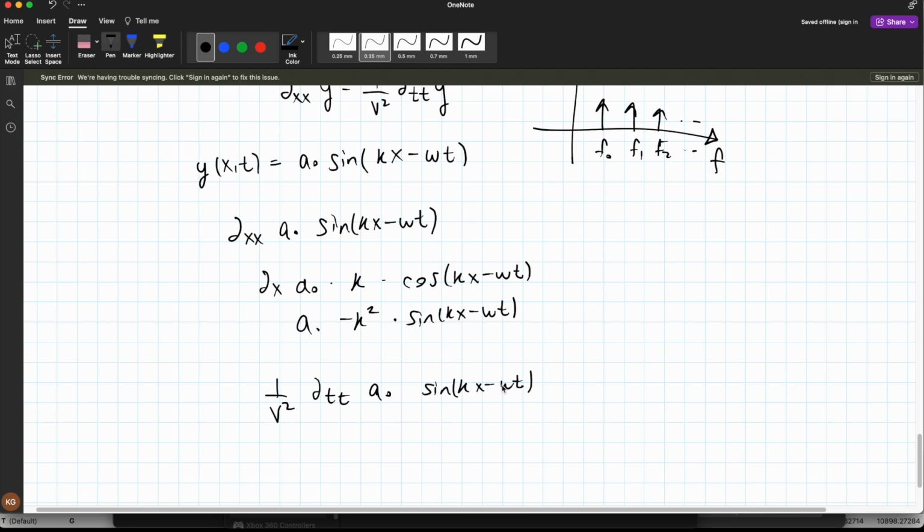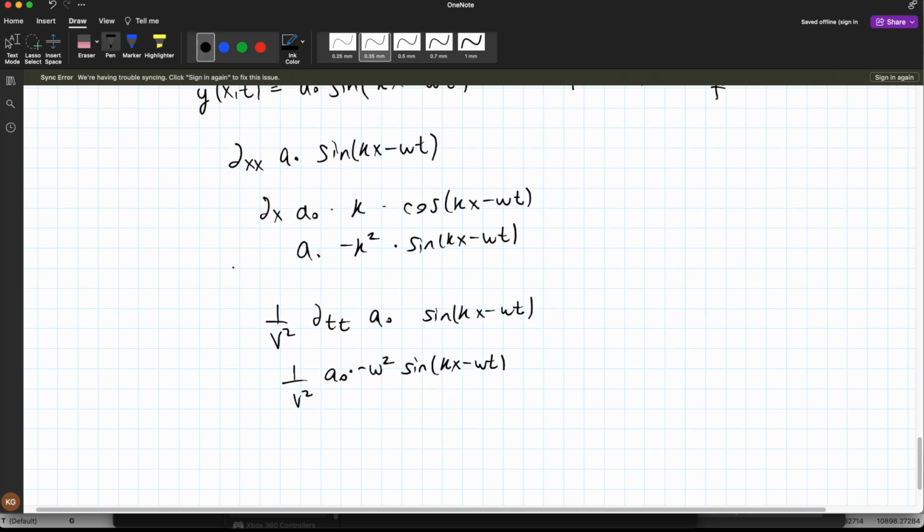And so we get a minus omega and another minus omega, so that's omega squared. And then we get another minus sign from when the sine becomes cosine, and then back to sine. So we get 1 over v squared a naught minus omega times minus omega squared sine kx minus omega t.